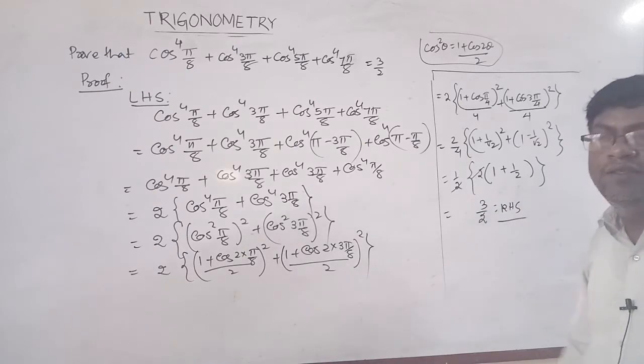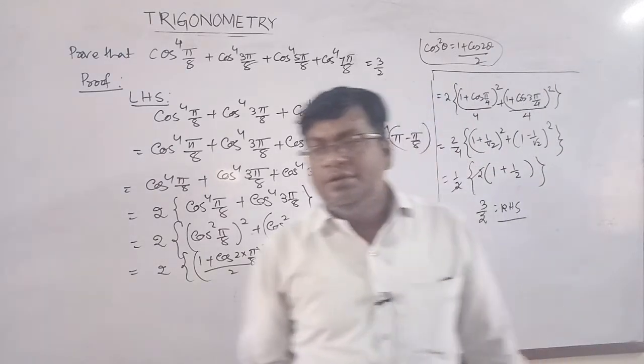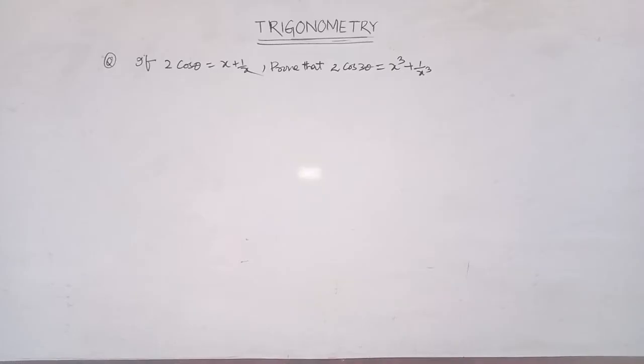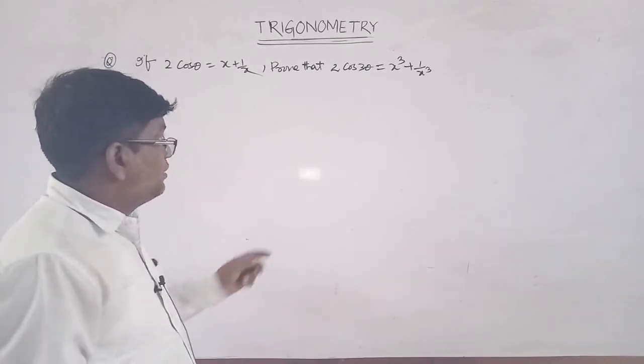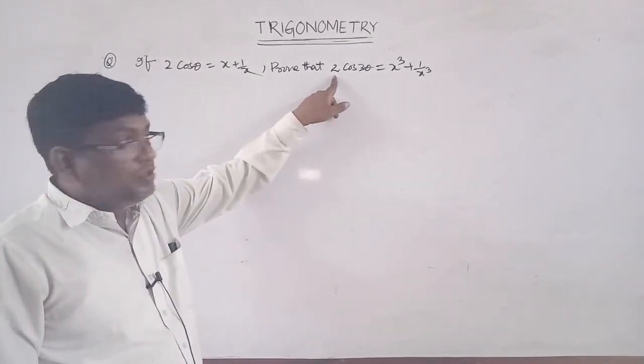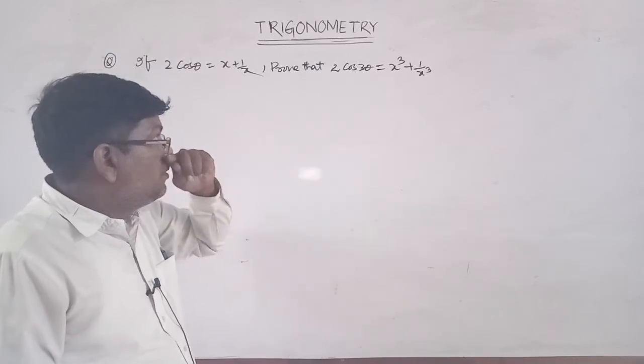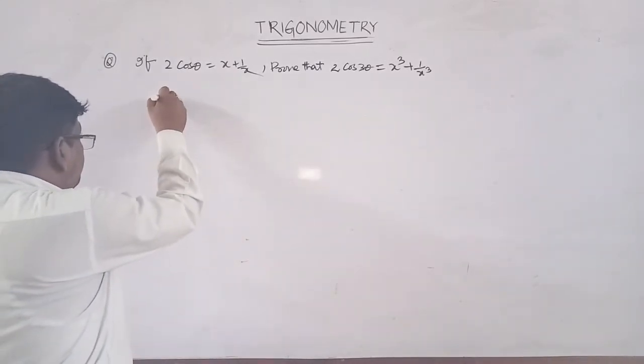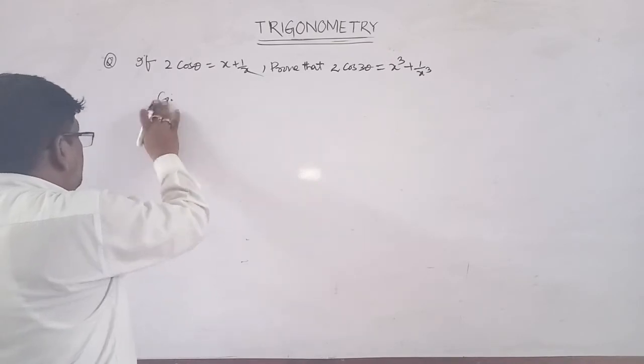Okay, now another question. If 2 cos theta is equal to x plus 1 by x, then prove that 2 cos 3 theta is equal to x cube plus 1 by x cube. Now the solution, that is proof.